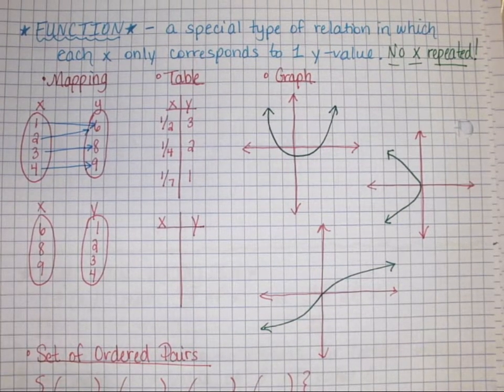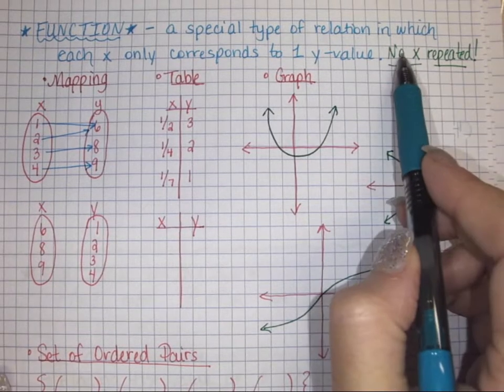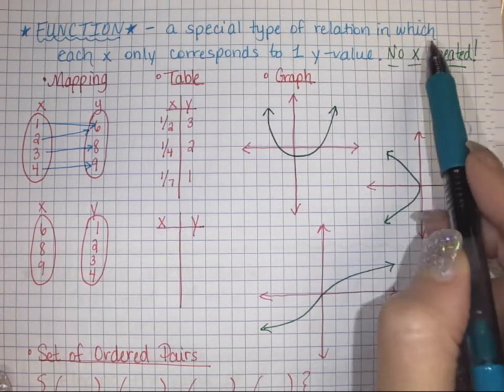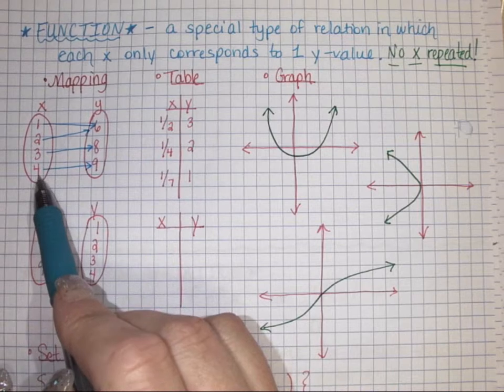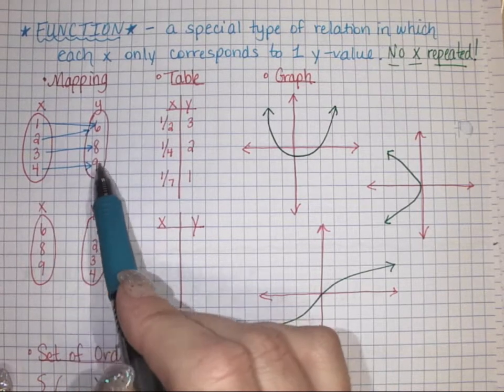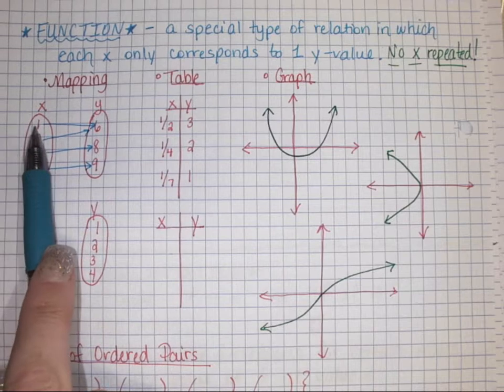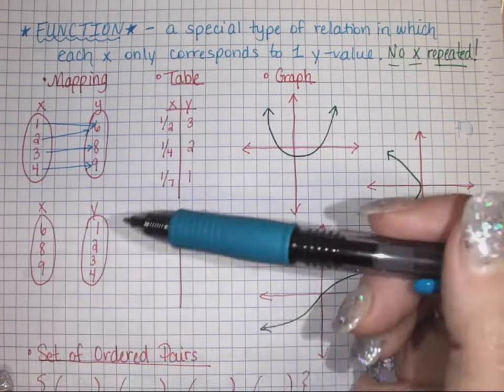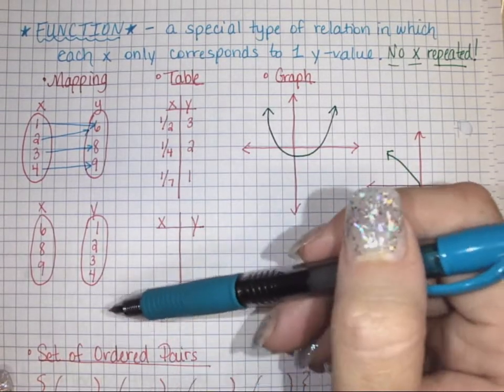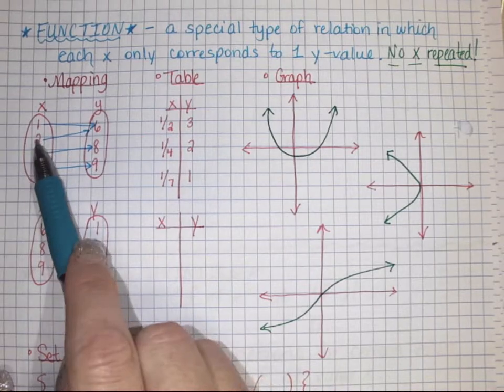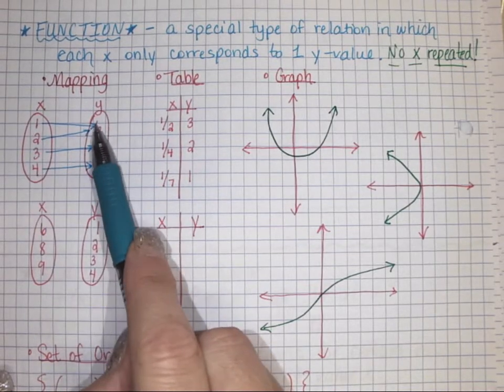Would you consider this a function or not? Notice once again that you can have no x repeated, meaning that no x value can be paired with more than one y. So then you need to think, well, is 1 paired with anything else besides 6? No. Is 2 paired with anything else besides 6?